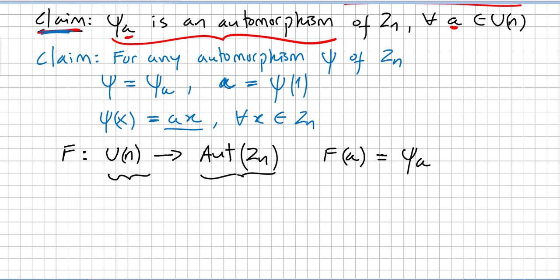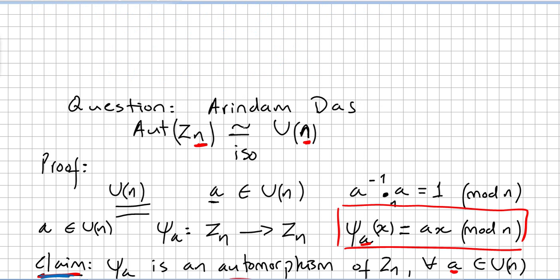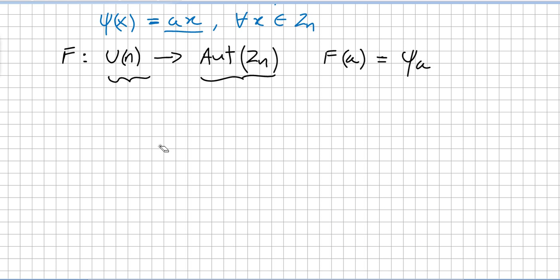Okay, so here I'm proving that f is an isomorphism, so this will be the final step, right? F will be an isomorphism from Un to the automorphisms of Zn. That's exactly the question: if the group of units is isomorphic to the automorphisms of Zn.